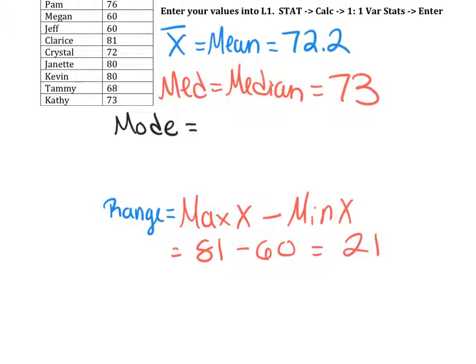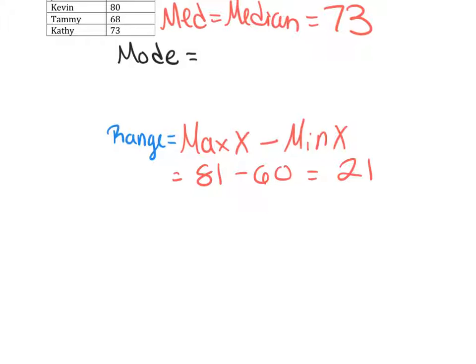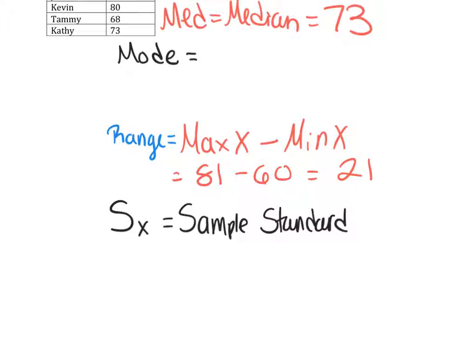And if you scroll back up a little bit, you should see the two different standard deviations. So we have our Sx, which is our sample standard deviation, which equals 8.1.